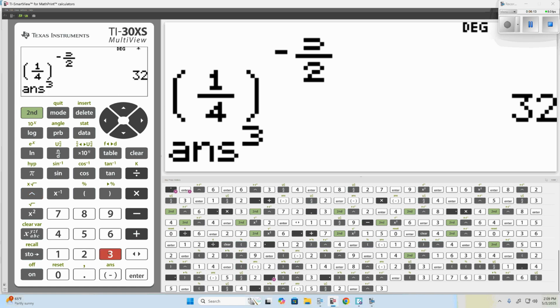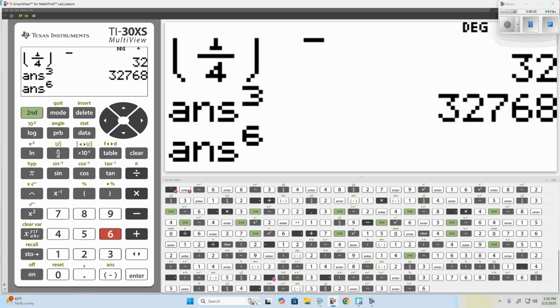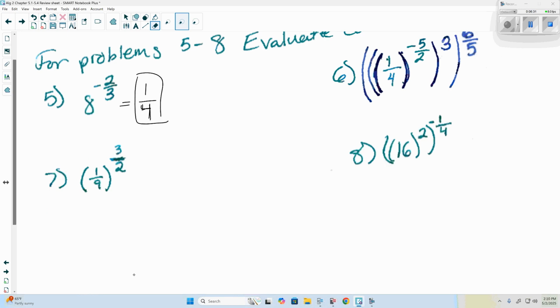And the next exponent we would put it to is 32,768, which we already got, to the 6/5 is still 262,144. Get to the same answer.